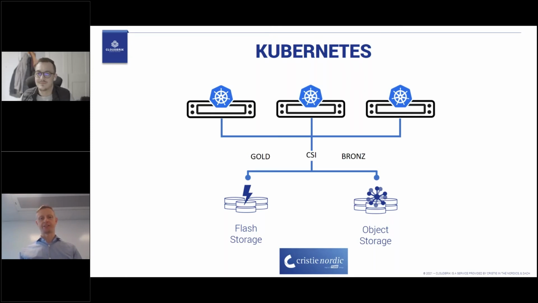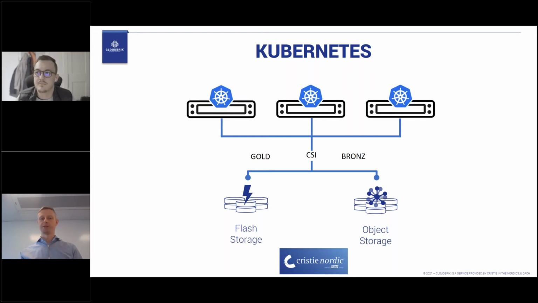But a nice function is that you can create multiple storage classes in Kubernetes. Even here you can create, let's say, one gold storage class that is using true flash-based storage, using SAN or whatever, based on NVMe and so on. But you can also create everything on object storage, so let's say bronze, for example, and that helps you to not use expensive flash storage for every single container, and only use it for the containers that need it.